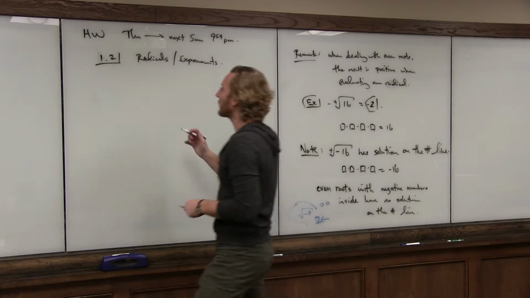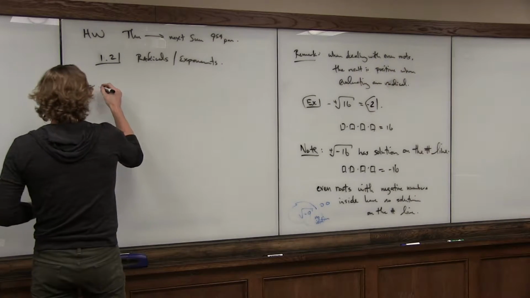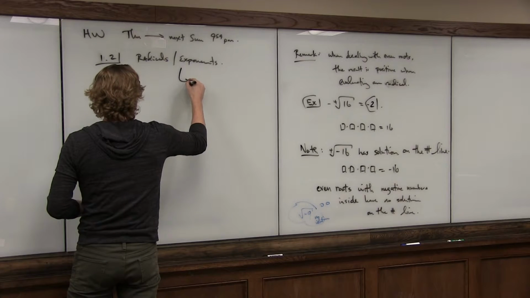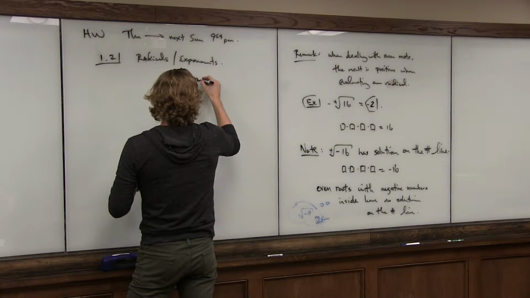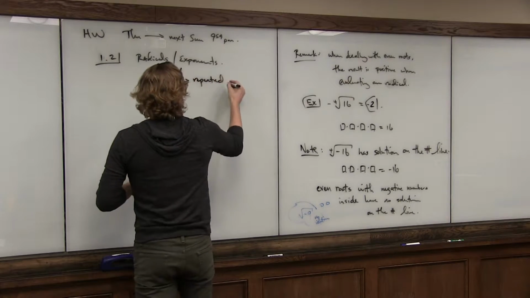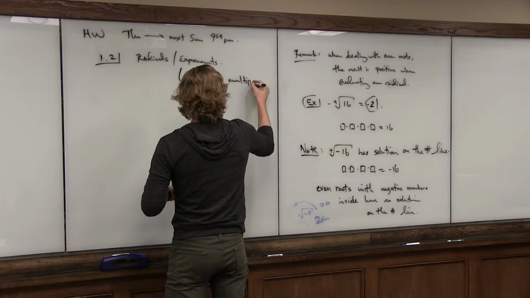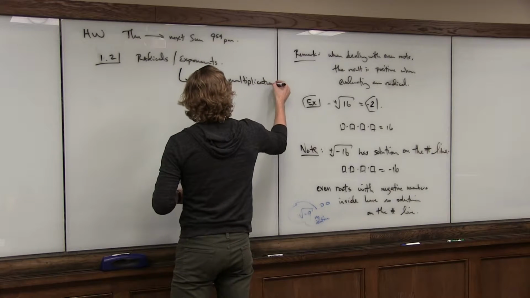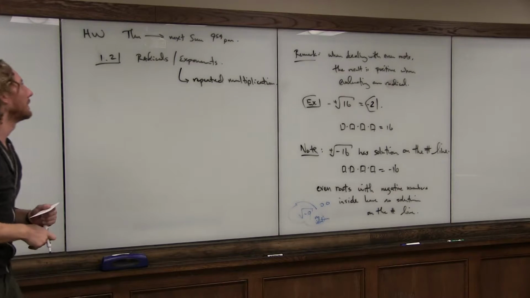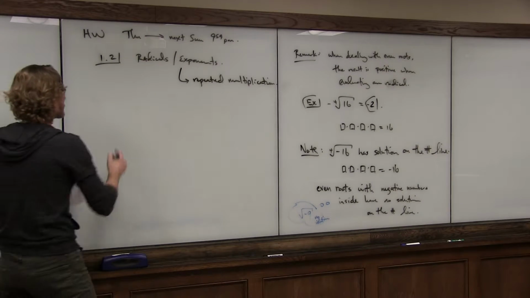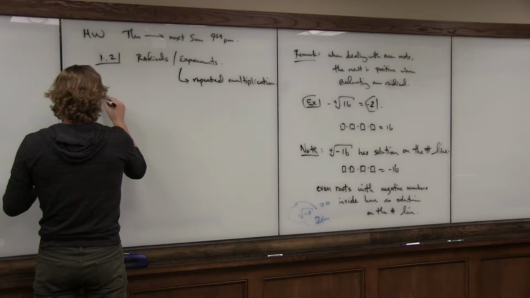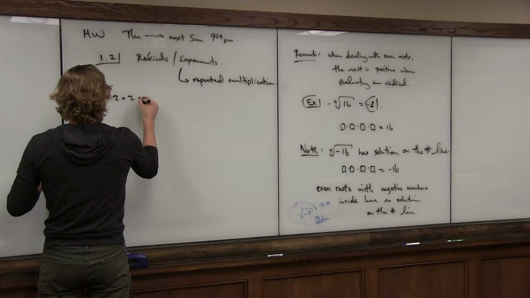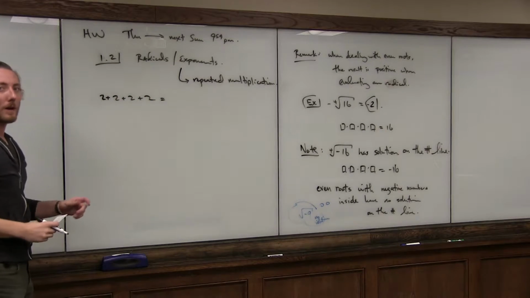So when it comes to exponents, let's start dealing with this. Well, exponents, let's just say what they are. Repeated multiplication. That's what exponents are. Think about this. To build this up, let's say 2 plus 2 plus 2 plus 2.